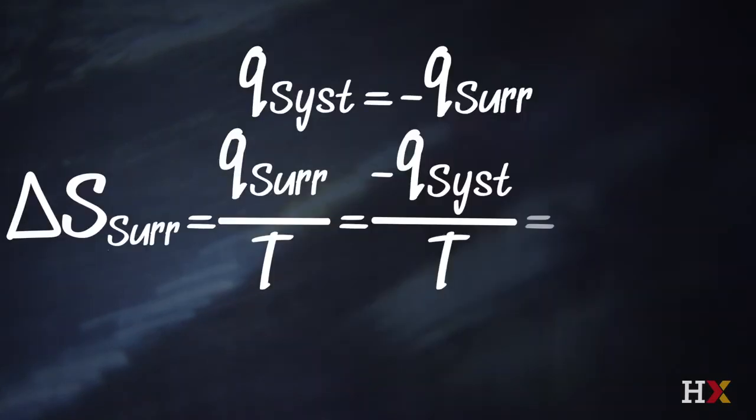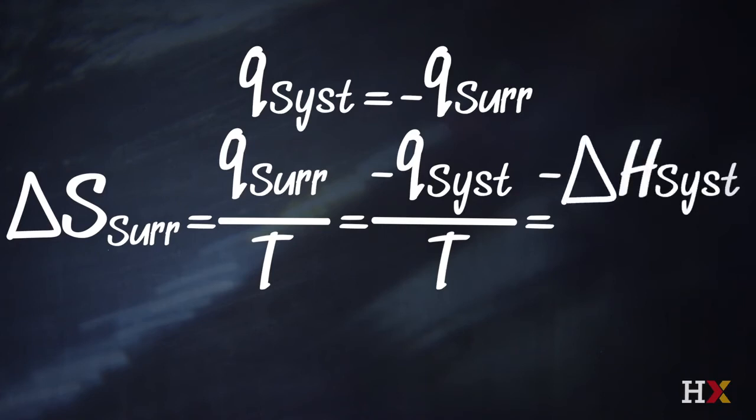We also know that under constant pressure conditions, the heat leaving the system is also identically equal to the change in enthalpy of the system, again divided by the temperature.